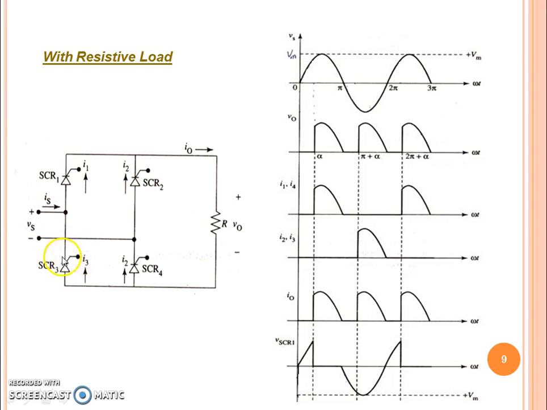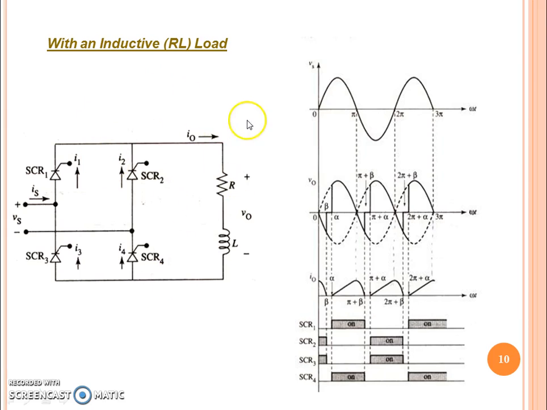So this negative will enable SCR3, and this positive will enable SCR2, so that the current again flows from positive polarity to negative, as in the positive cycle mode, so that the output voltage is unidirectional. Again this period is pi plus alpha, and again the firing angle is followed. These are the current waveforms, and this is the corresponding output current I0.